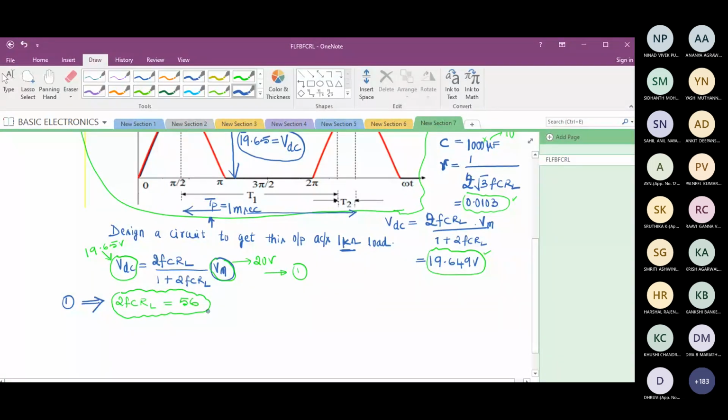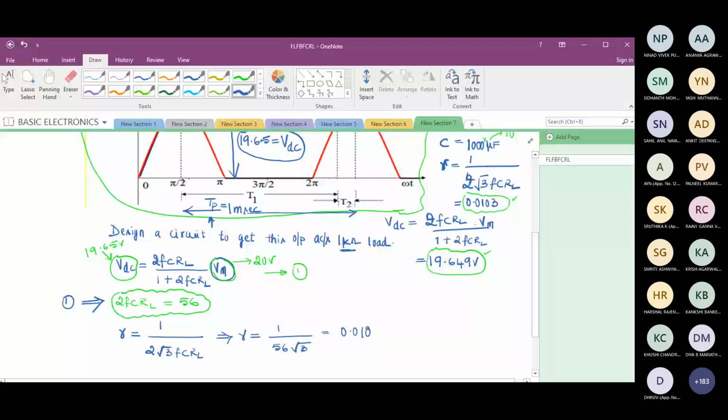Now, can I get what is the ripple factor? What is the formula for ripple factor? 1 by 2FCRL root 3. Do we know what is 2FCRL now from this equation? So, can I find how much is the ripple factor? How much is it? 1 divided by 56 root 3, which is 0.0103.